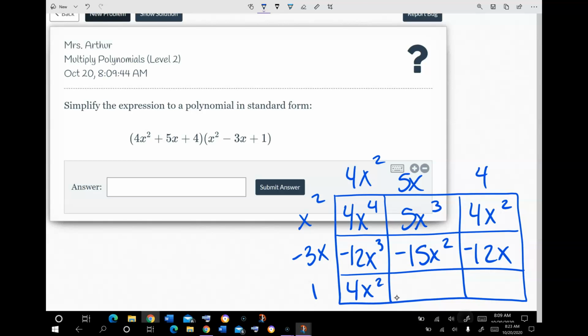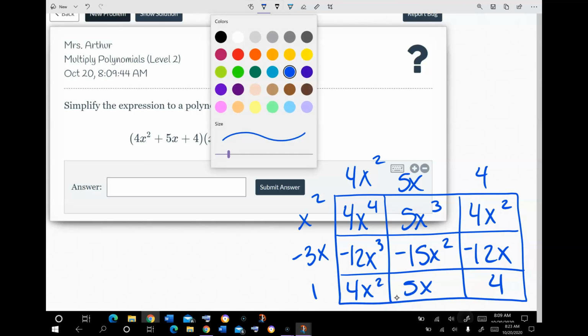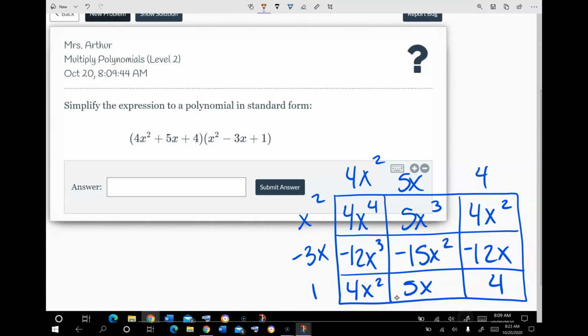Okay? All right. So then we're going to pull out our answers. So the 4x to the fourth has nobody like it, so we're just going to say 4x to the fourth. These can be combined. We're going to say negative 12 plus 5, and that gives me negative 7x cubed. Then I have the squared diagonal, and I'm going to say 4 minus 15 plus 4, and I get negative 7x squared.